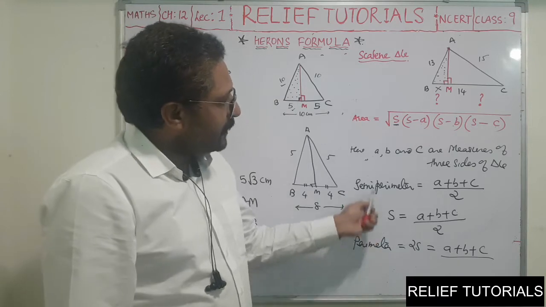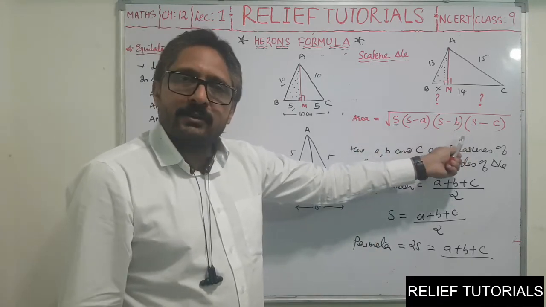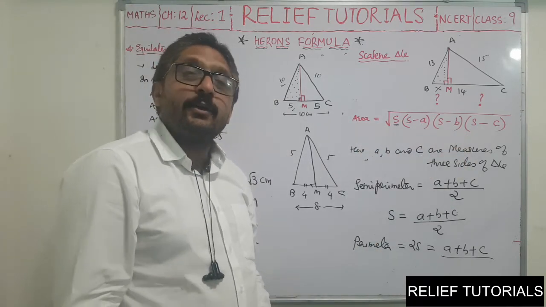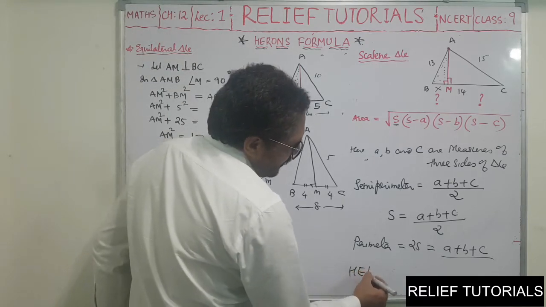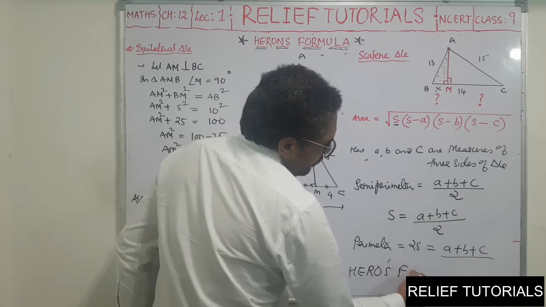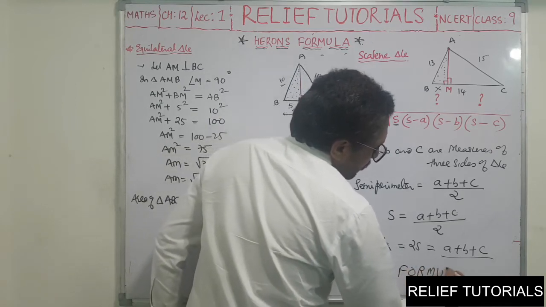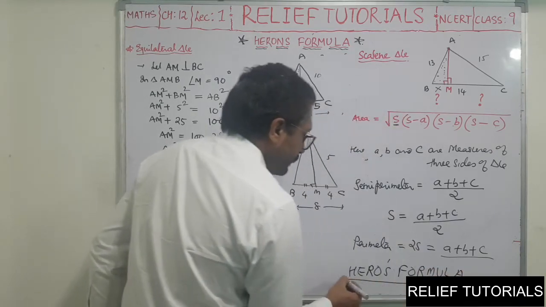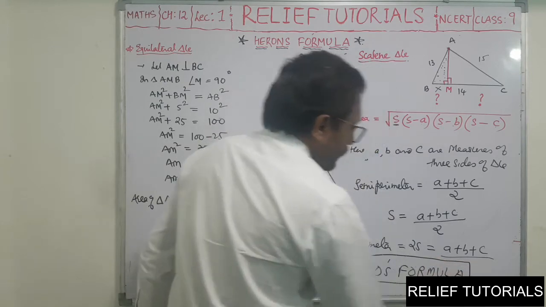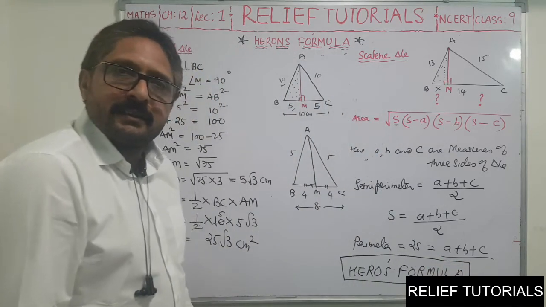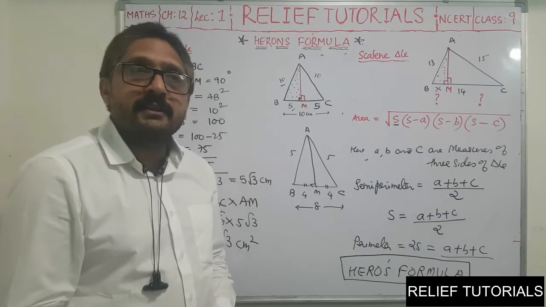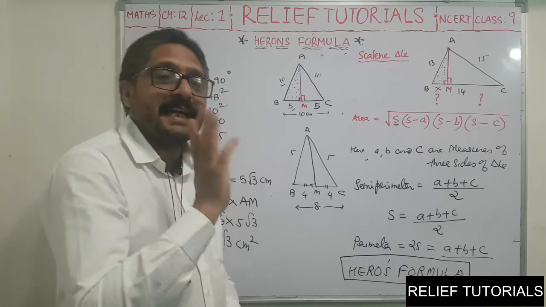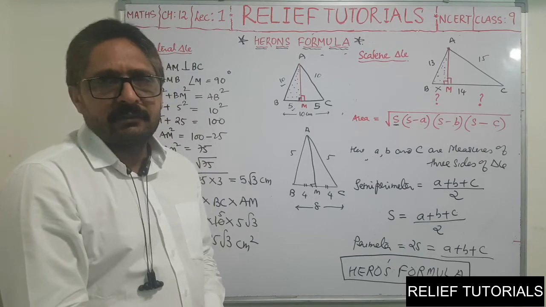So this was the formula given by Heron, and this formula is known as Heron's formula. Have you got it? In this way, we can find area of a triangle when altitude is not given and measures of three sides are given. Have you got it?